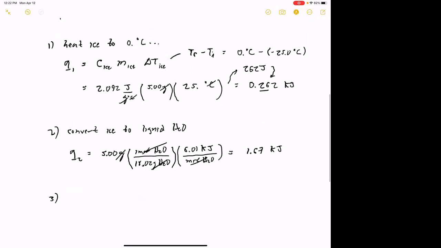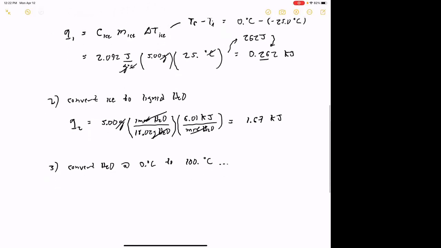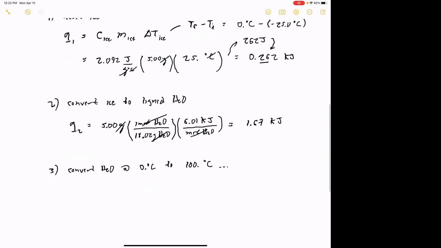Next thing I need to do is convert liquid water at 0 degrees Celsius to 100 degrees Celsius so I can get to my next phase change. All right, so now what am I doing? I'm just heating water up, right? So I got an equation for that.